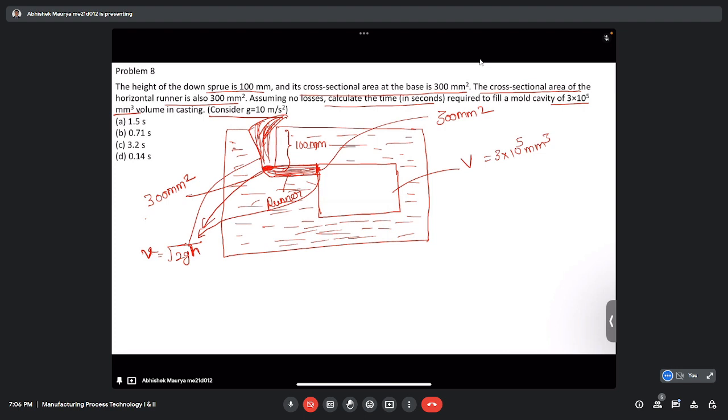So if we want to calculate the time of filling, we have to multiply the flow velocity with the area of the cross section of this channel or runner. If we multiply this velocity by the area of the runner or the gate, that will give the volume flow rate of the molten metal.